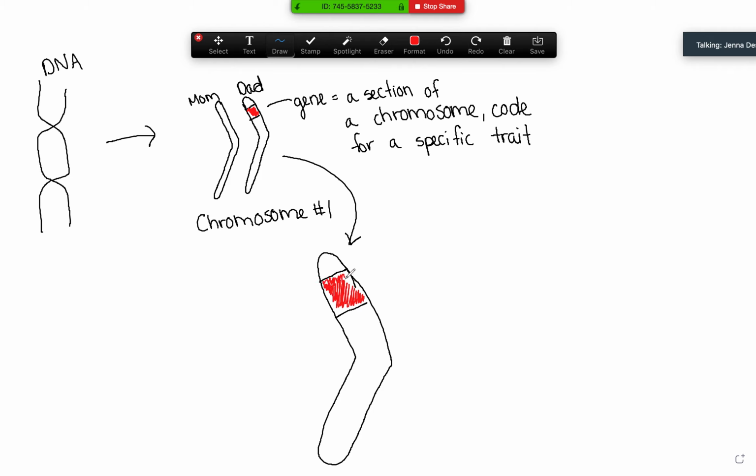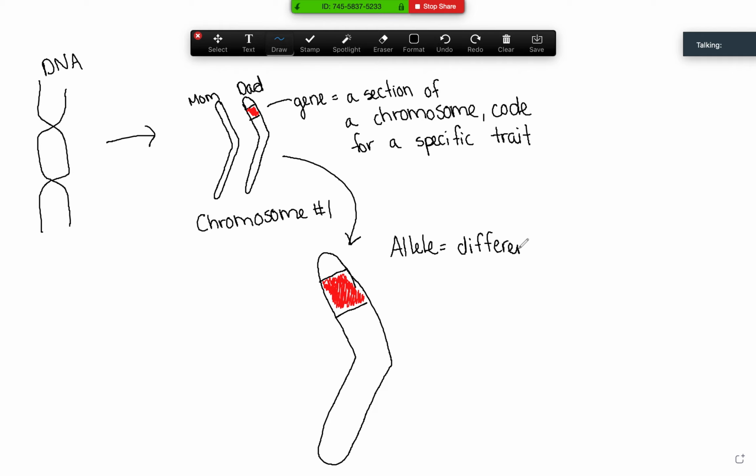Okay, so this is just a zoomed in version of what I just had. Okay, this is called, or what I want to talk about is a term called an allele. An allele is just a different version of a gene.